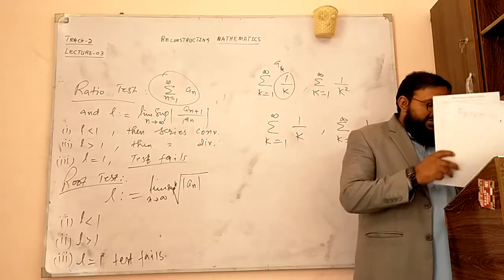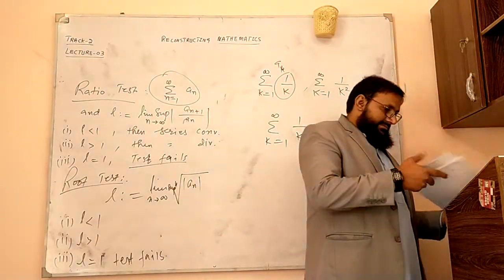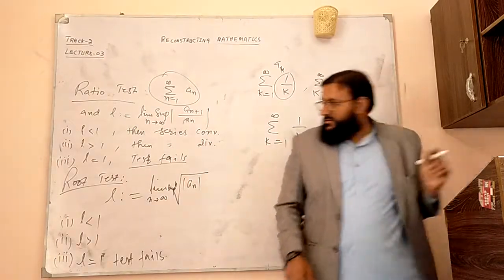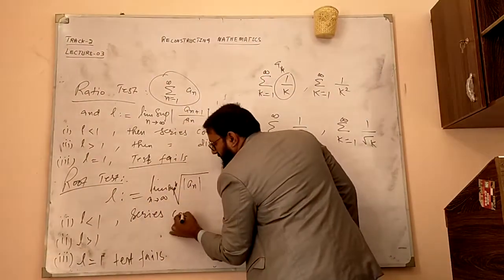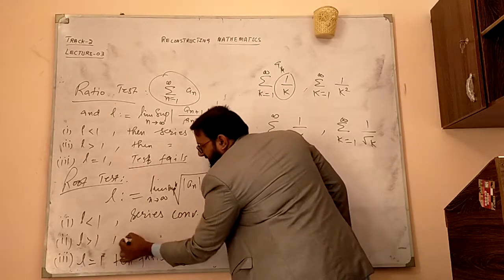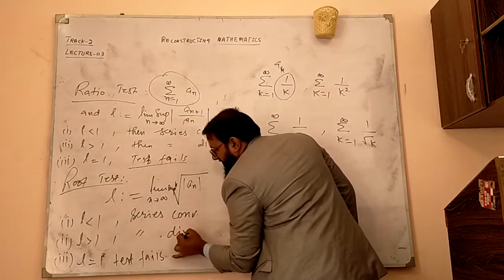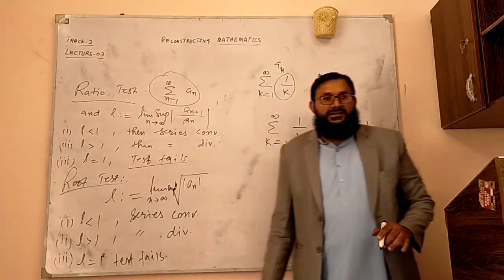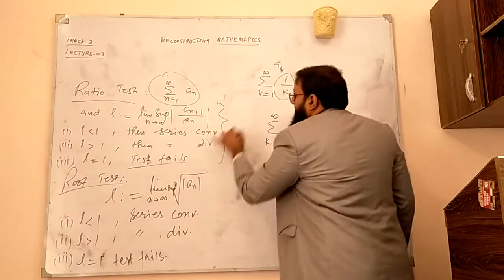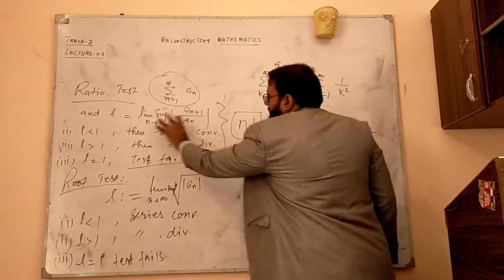Less than 1, the series converges, and here the series diverges. These are some good tests to apply. When your series contains some sort of factorials, you can apply the ratio test.